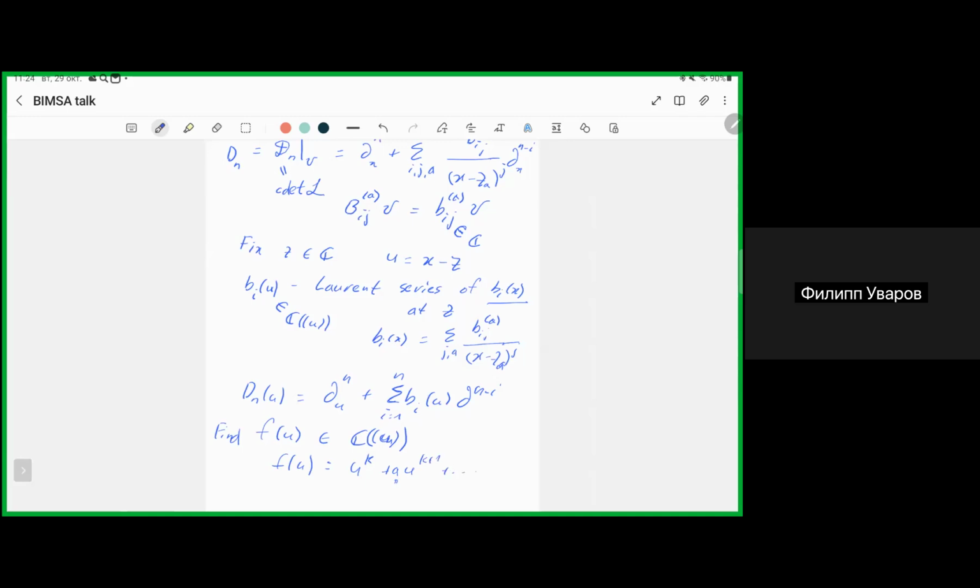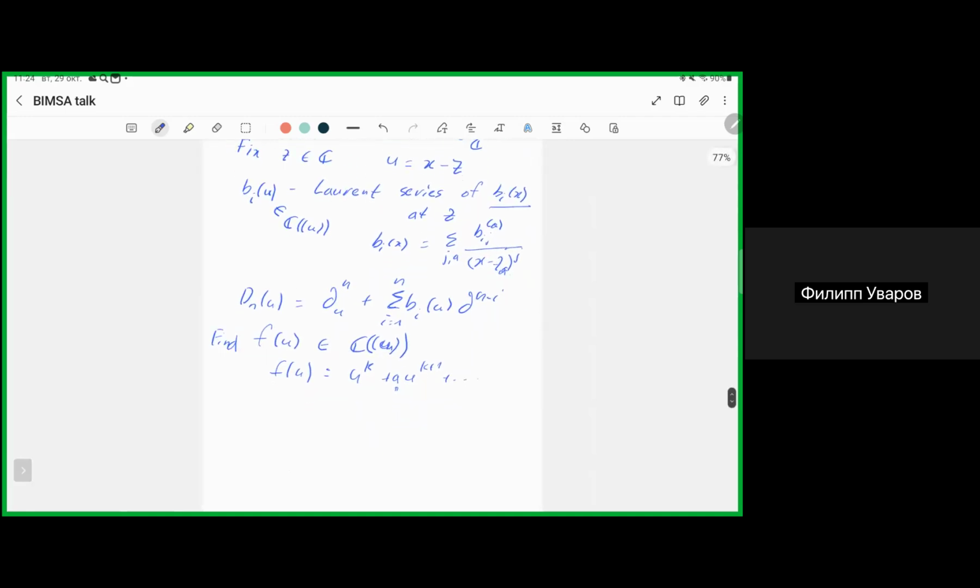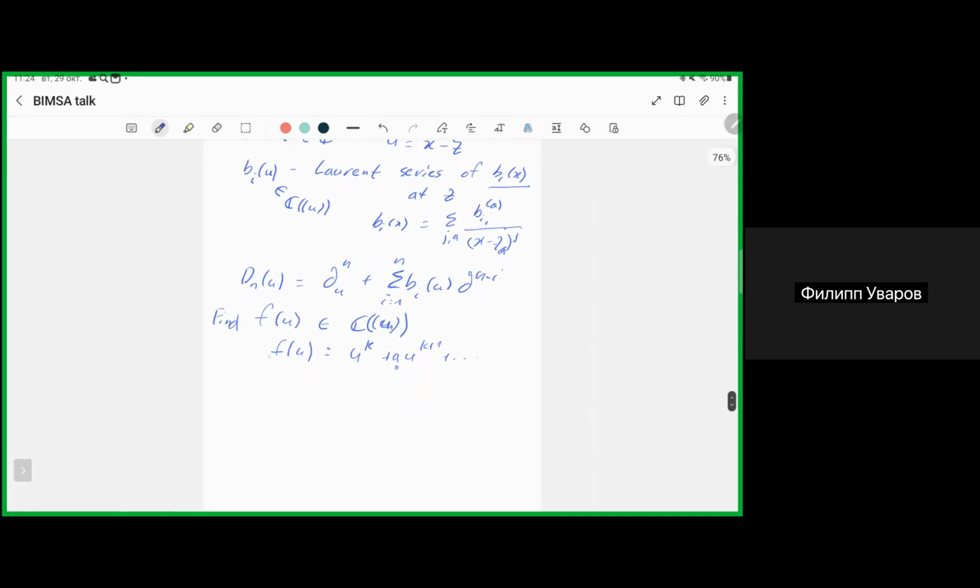So I just take this and put it into my equation D_n of u applied to f of u. And so the question is, what do I get? I'll try just to find k, and I will get some equations, which are algebraic equations on k and my coefficients a_1, maybe a_2 here, and so on.